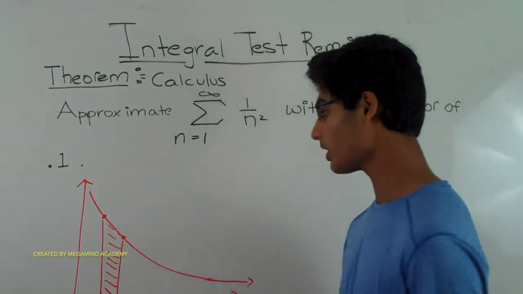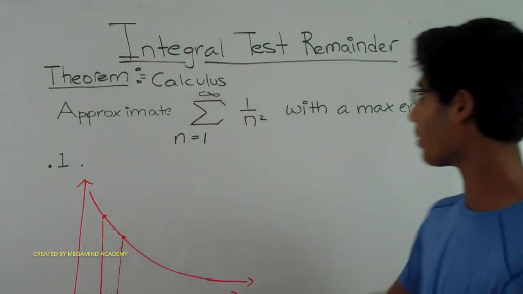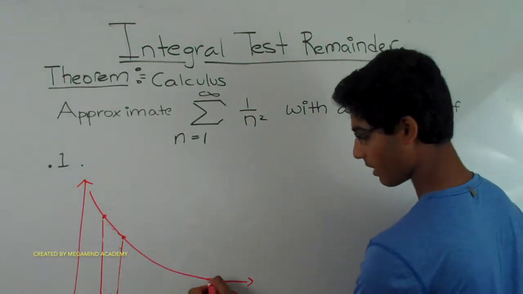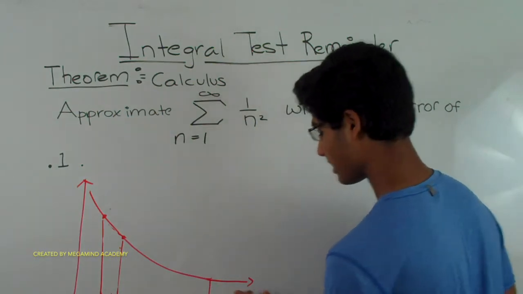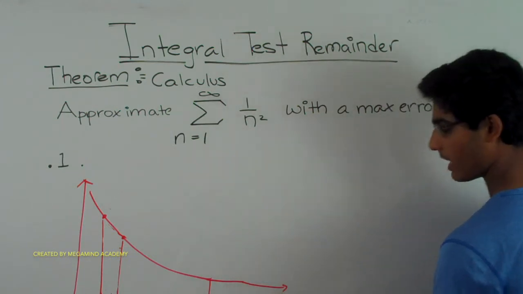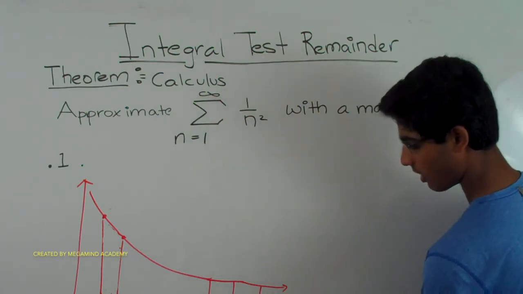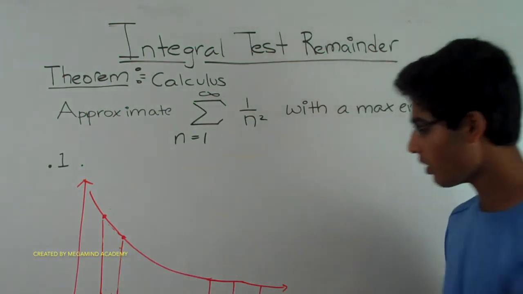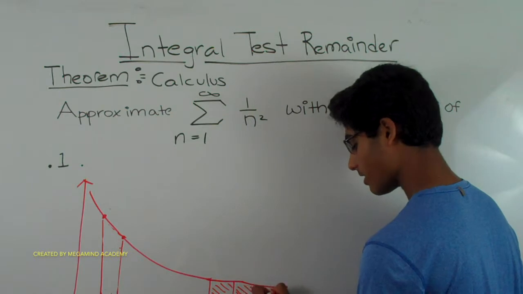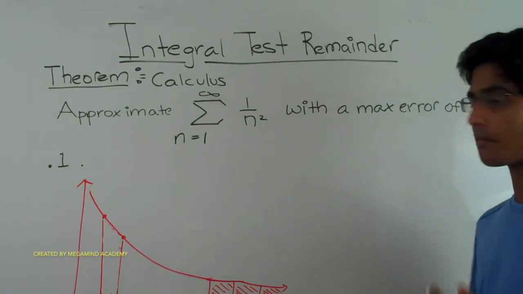However, if we use this logic, we can say that if we know what maximum error we want, and in this problem we want 0.1 as our maximum error, then there will be some point C, with C plus 1, C plus 2, and so on, where when you start taking the integrals from that point onwards, the sum of all the integrals from that point to infinity will be less than 0.1.